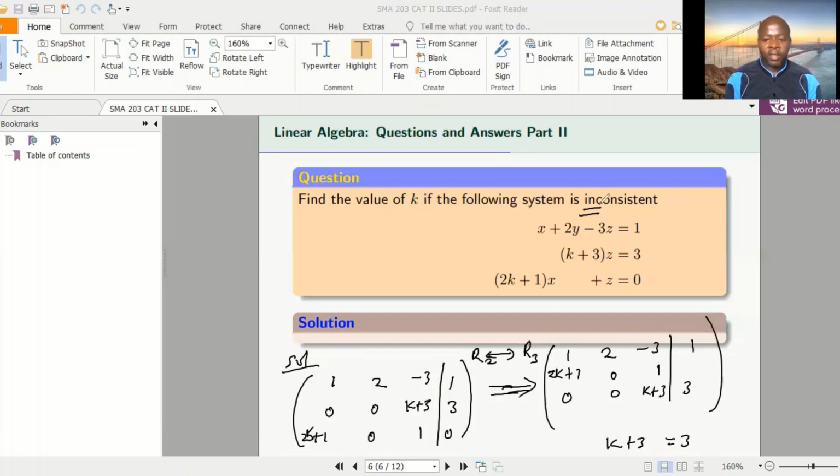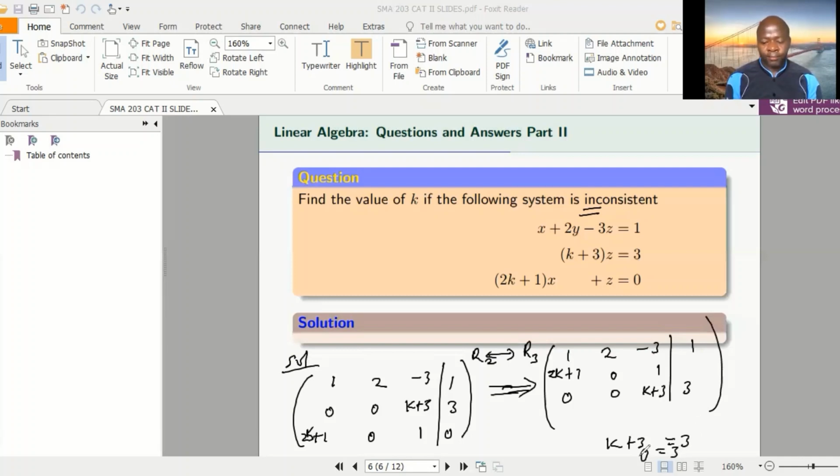Now, for this system to be inconsistent, that means for it to lack solutions, we need the left side to be 0. We need something like 0 is equal to 3. The left side should be 0 and the right side should be 3.